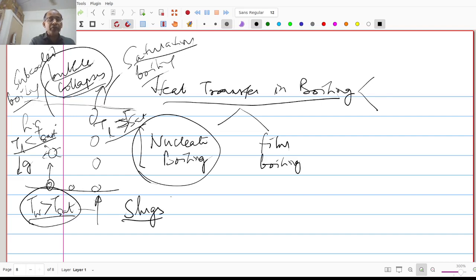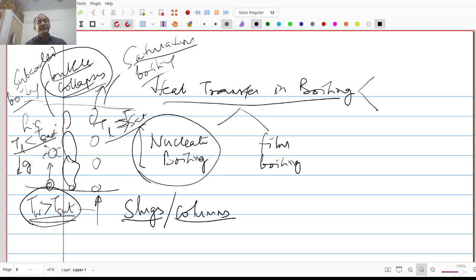Okay, slugs, or sometimes those slugs, they are big columns, they just get added to each other. Okay, so you have slugs or columns of vapor, where the vapor presence becomes much more on the liquid surface, which is the case that happens when the T wall minus T sat goes on increasing.